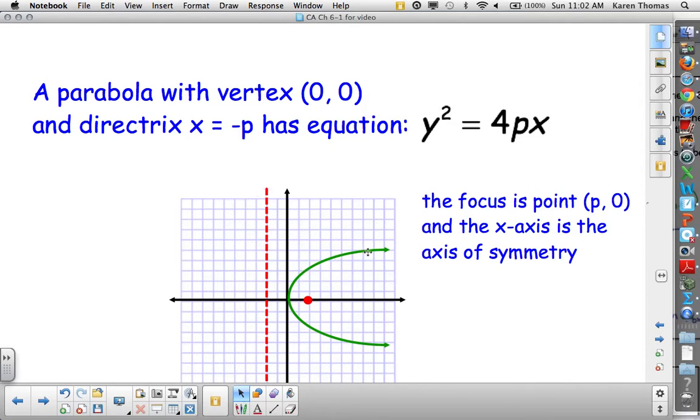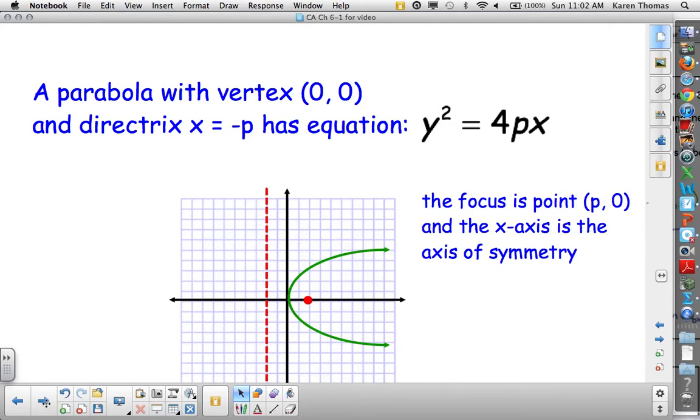If it's flipped the other direction, note that this is going to be y squared equals negative 4px, and my directrix will be x equals p. The focus is our point p, 0, and the x-axis is the axis of symmetry, so it would be right along our x-axis.